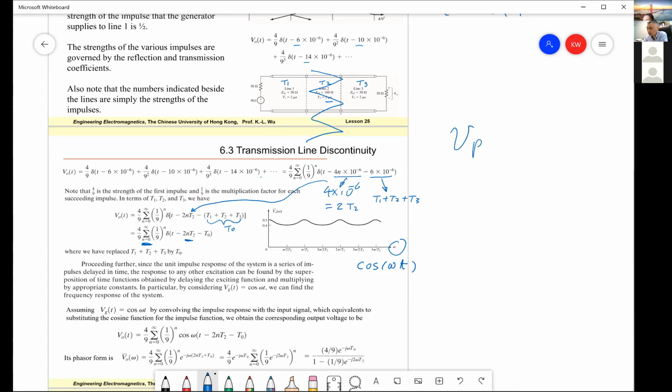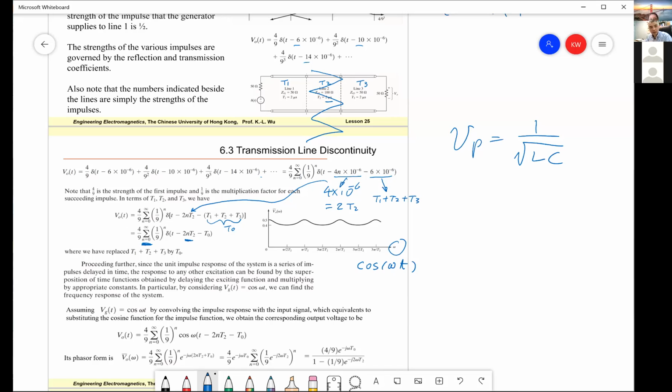So the Vp is 1 over the square root of L times C, which is independent of the frequency. So the velocity of the wave traveling down the transmission line is not dependent on the frequency. Once the frequency of the input signal changes, you can see the ripple.